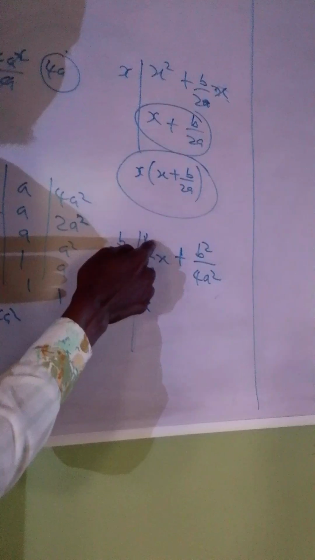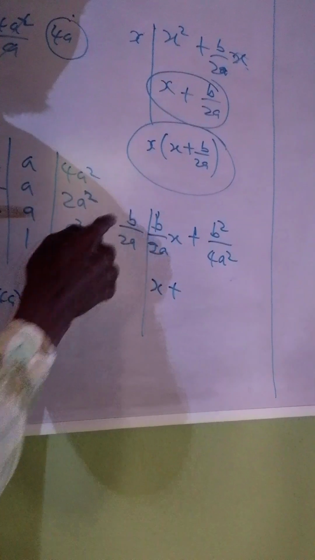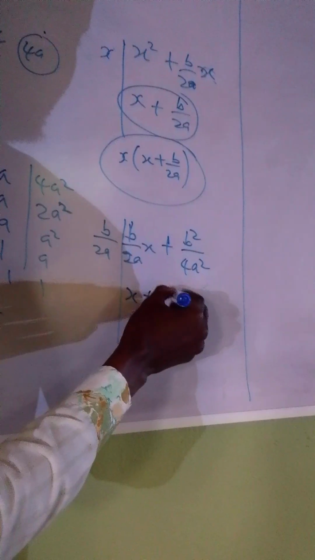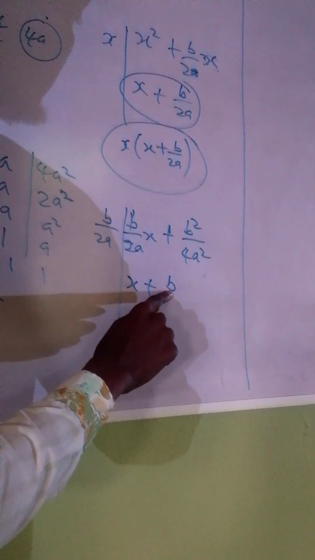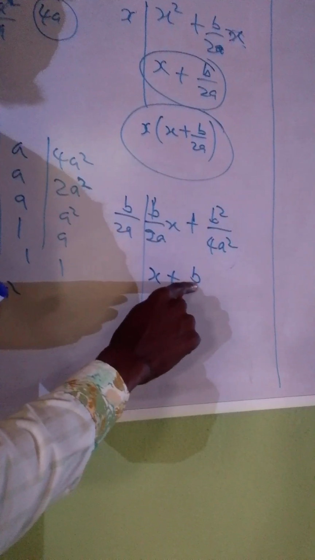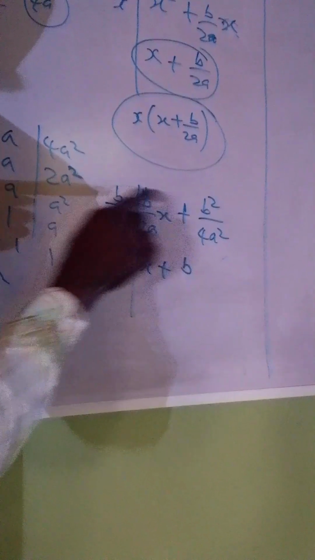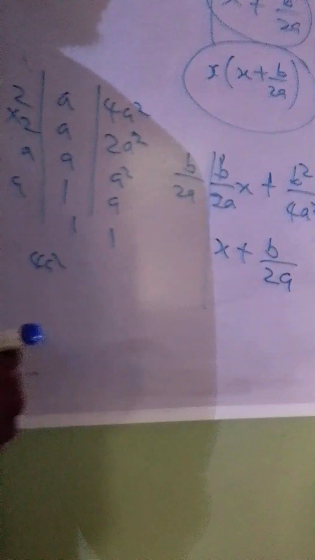Then b squared divided by b over 2a, what is left over is b over 2a, since b divided by b squared is b, 2 divided by 4 is 2, and a divided by a squared is a. So nothing can divide again.